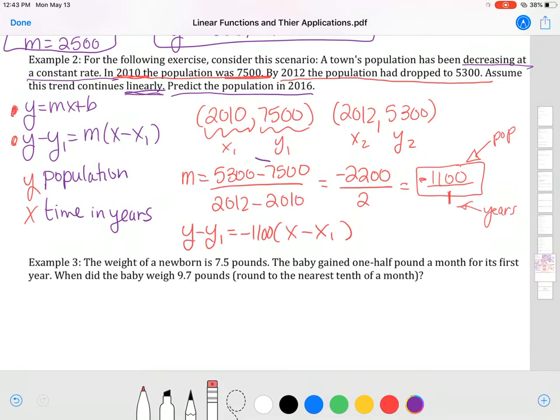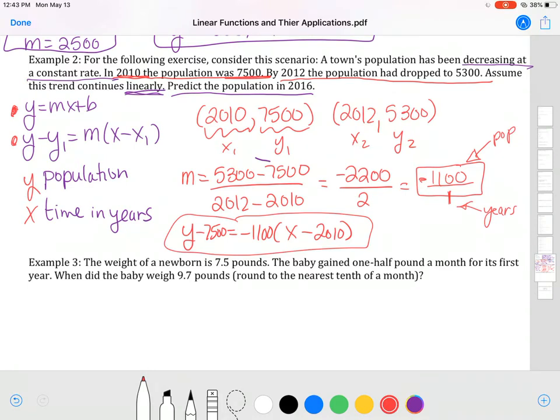I'm going to put in my y1, which is 7,500. And I'm going to put in my x1, which is 2010. Now, we've got our equation in point-slope form. We're ready to go. Now we're going to answer the question, predict the population in 2016.